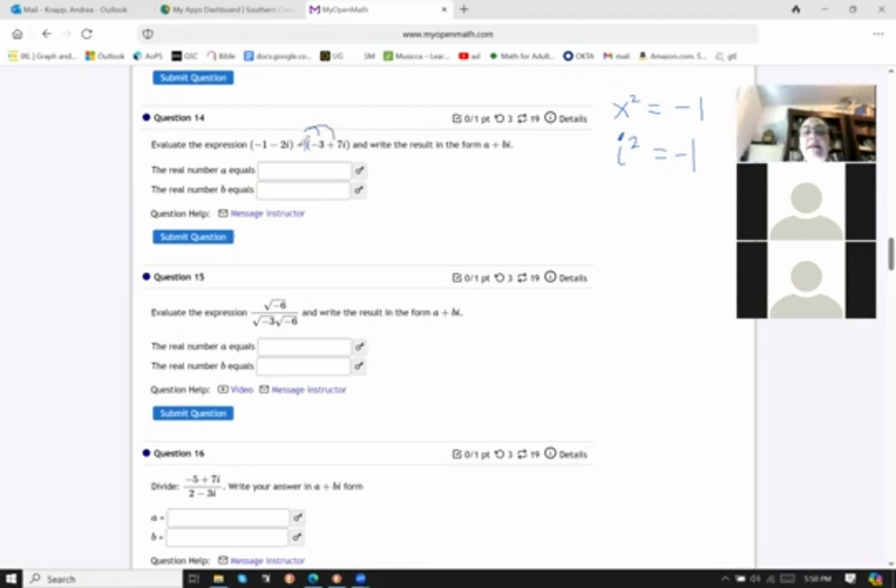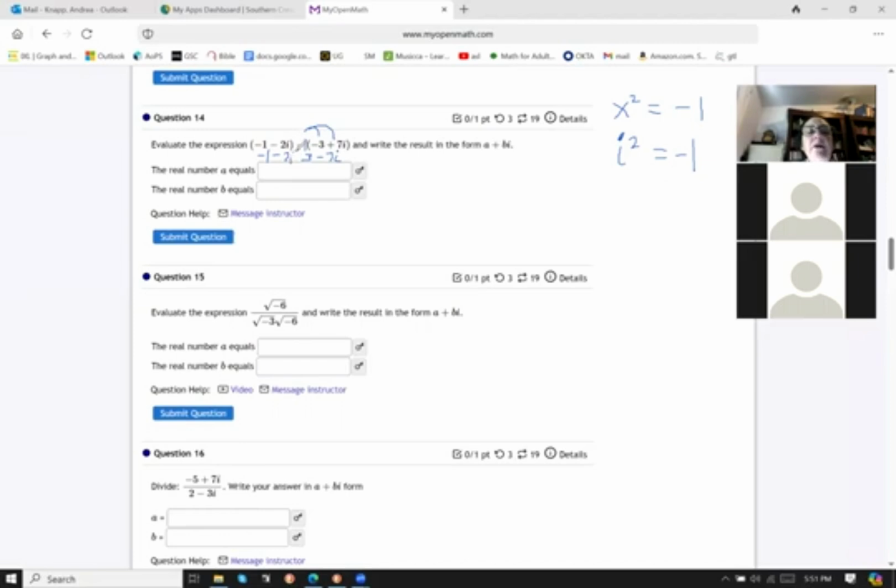So if I take -1 times -3, negative times negative is always positive, so that gives me a +3. -1 times 7i would be a -7i, because negative times positive is always negative. And then we still have the -1 minus 2i sitting here from our first set of parentheses.